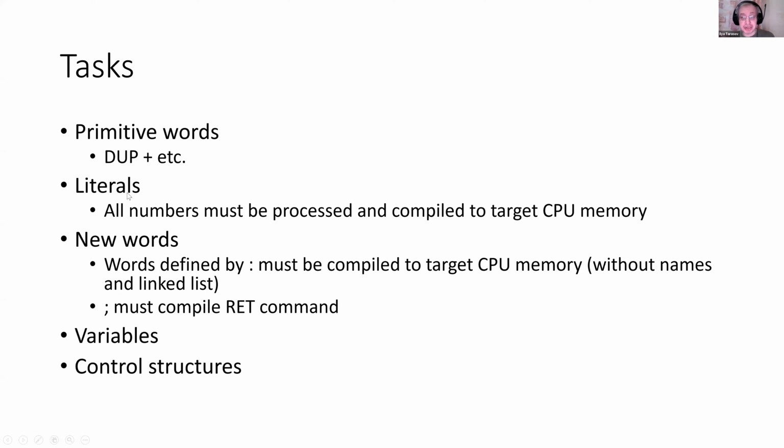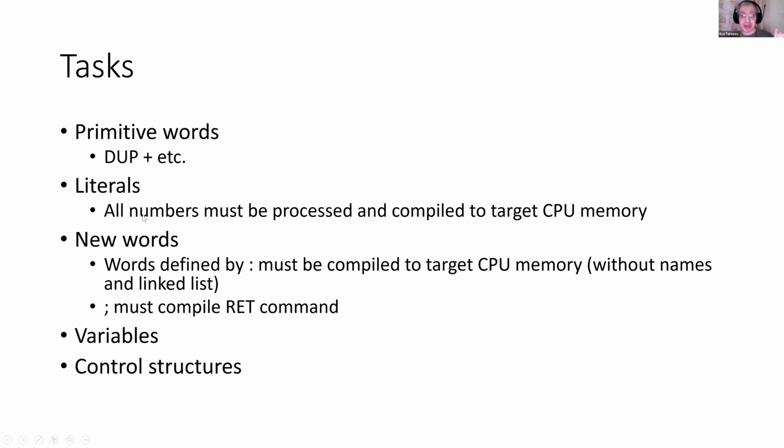Literals. It's important to know because, of course, we don't want to use a special word moving our literal from our host compiler to our target. So if we want to write, for example, 2 plus, the 2 must not be placed on the data stack on our PC.